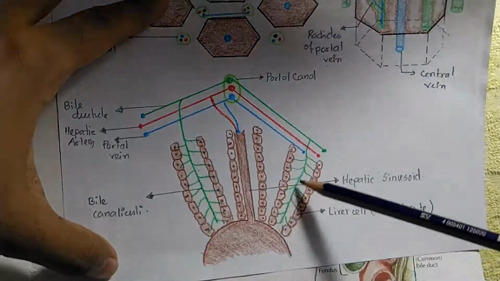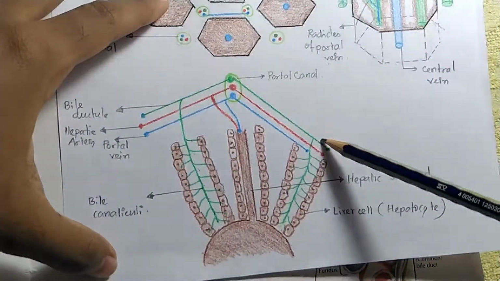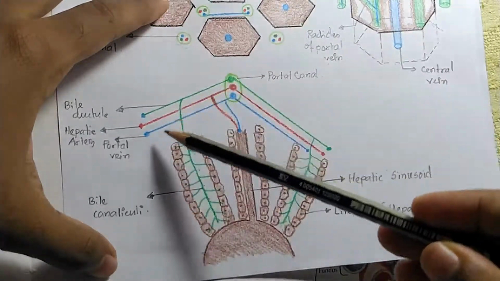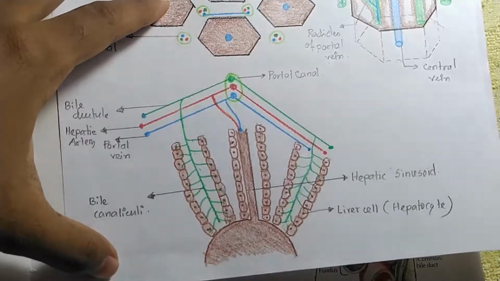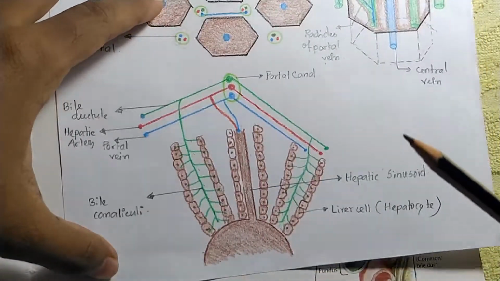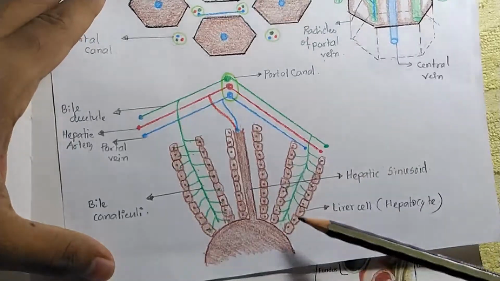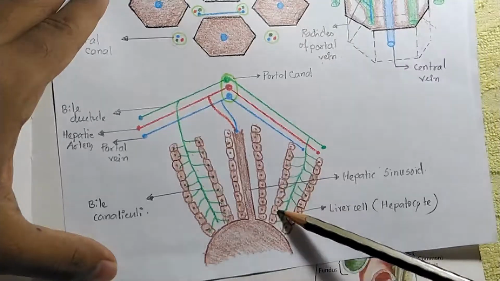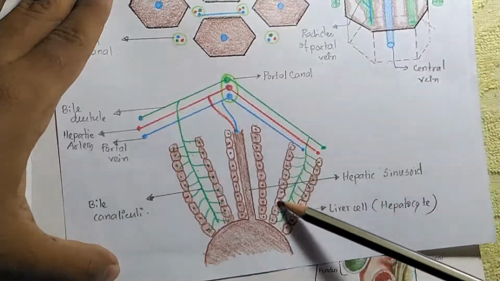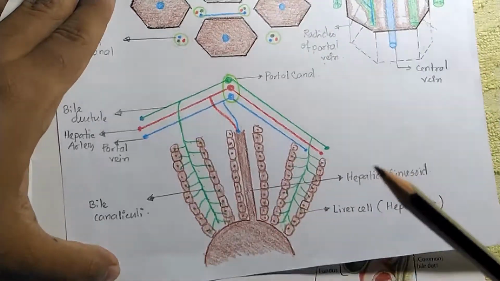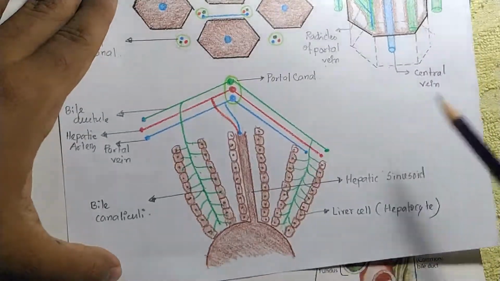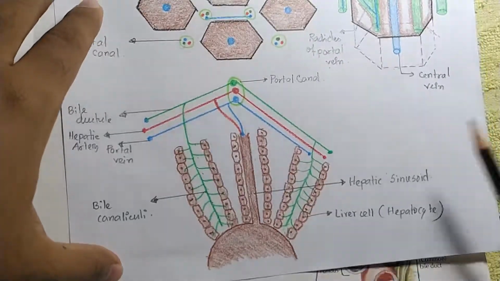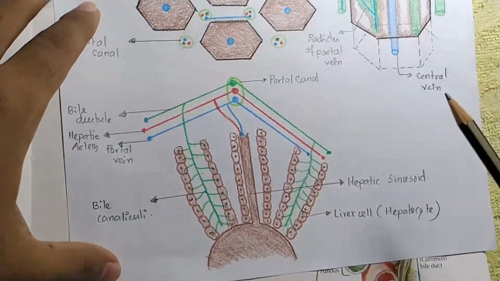Then through the bile ductules it will ultimately drain as the common hepatic duct. Bile is an excretory substance produced from the liver cell or hepatocyte that will ultimately drain into the intestine. In the next class, when I make a video about the biliary apparatus, I will discuss it later.